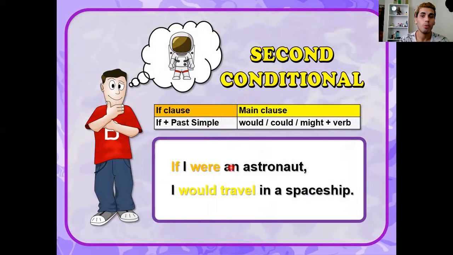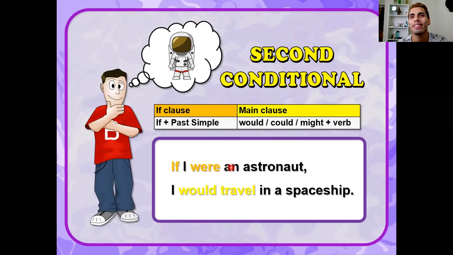So how would your present be different if you had a different condition in present? That's basically second conditional. It's the way your present would be different if your present were different.